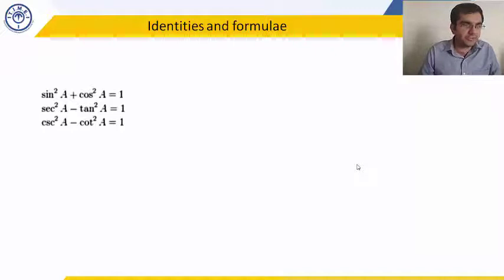The basic formulas that you need to know will be used very much today. Sine square A plus cos square A is equal to 1. Sec square A minus tan square A equal to 1. And cosec square A minus cot square A is equal to 1. Please write these down.